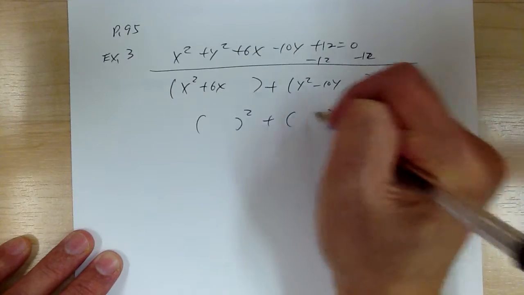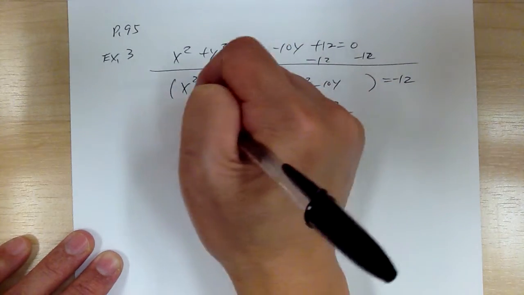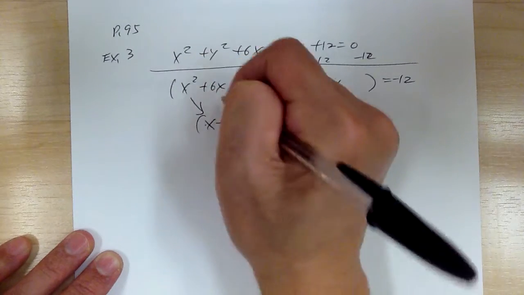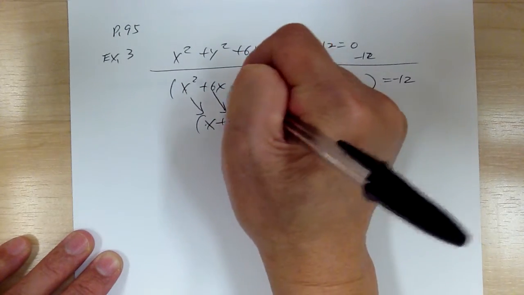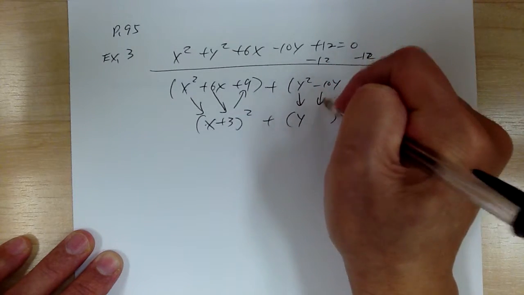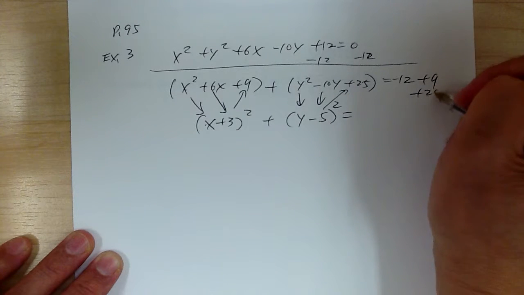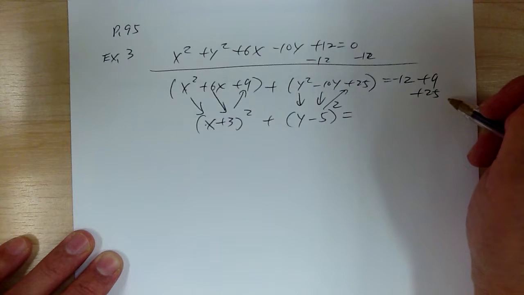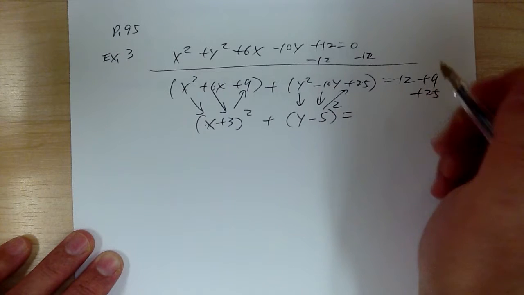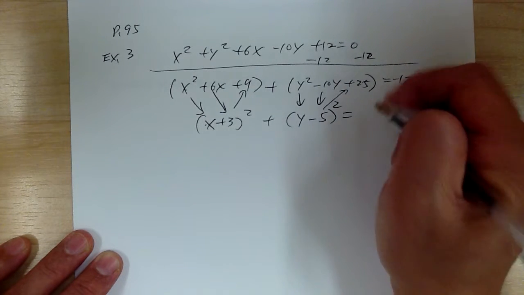This would be x plus 3, and from this you get plus 9. Same thing over here, this would be y minus 5, and from this you get plus 25. And so from here, you're going to get 22.